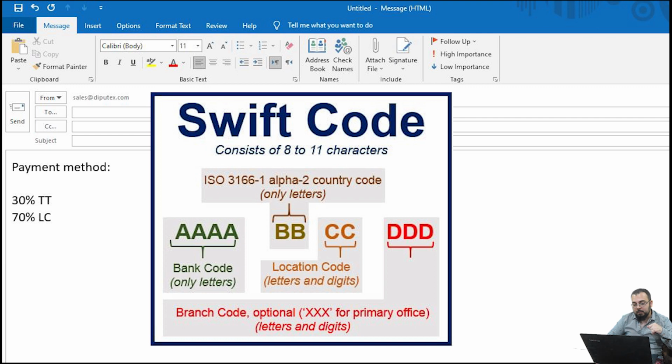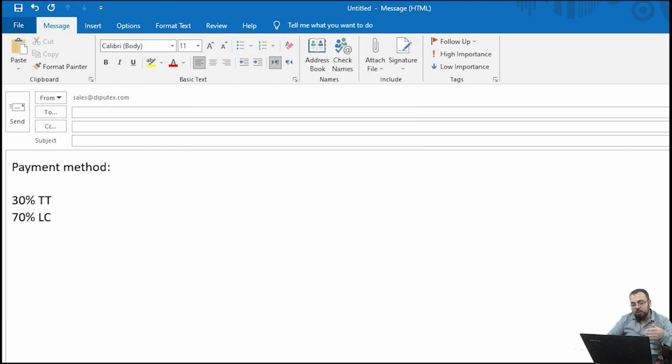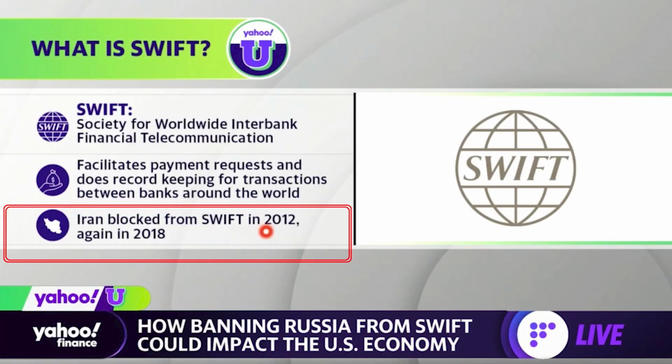However, depending on where you are sending money, other processing options for TT may be possible. Sometimes, for various reasons, some countries can't join the global banking system. For instance, their banks are not allowed to use the SWIFT system, right?